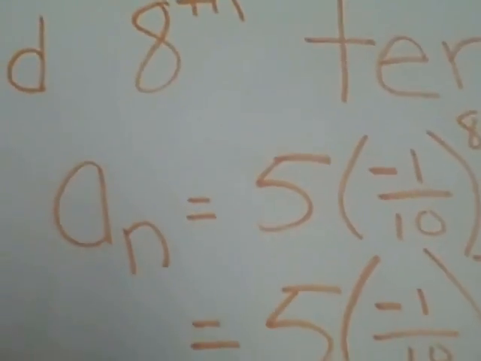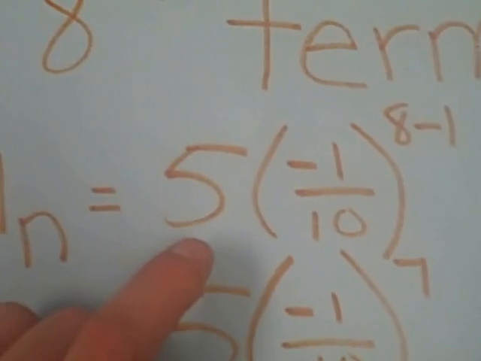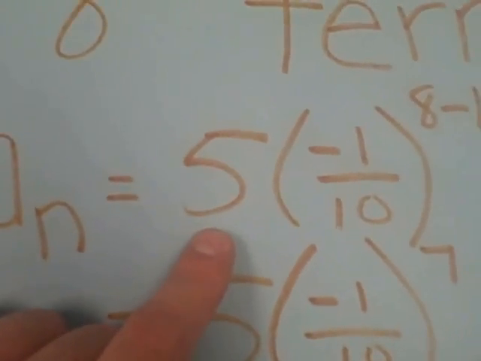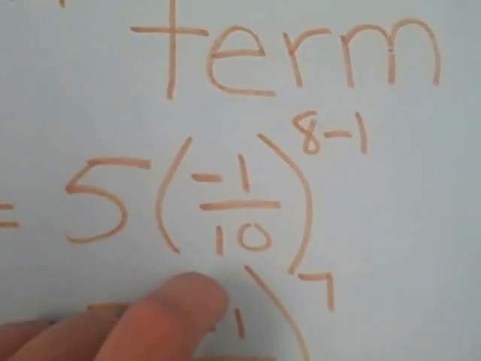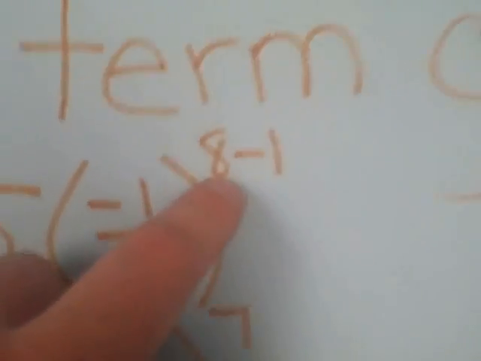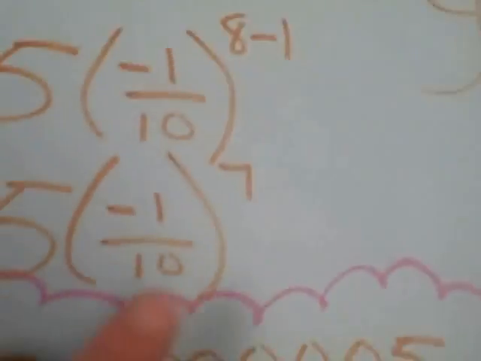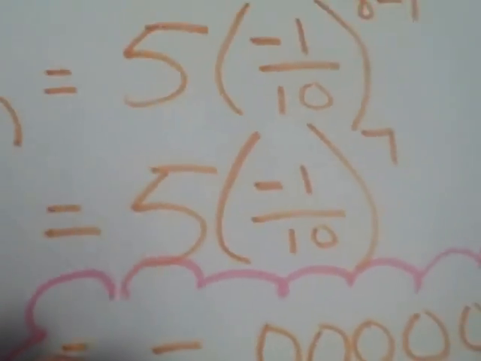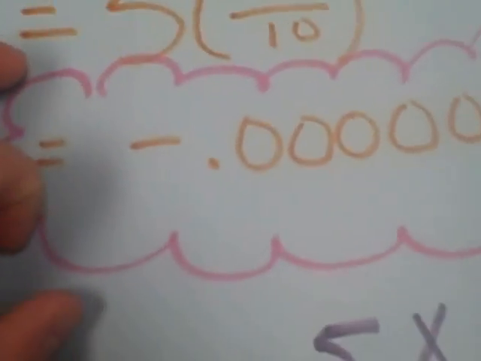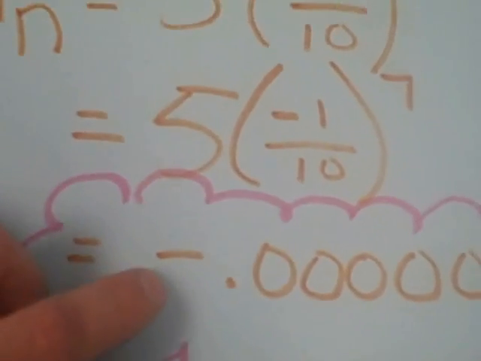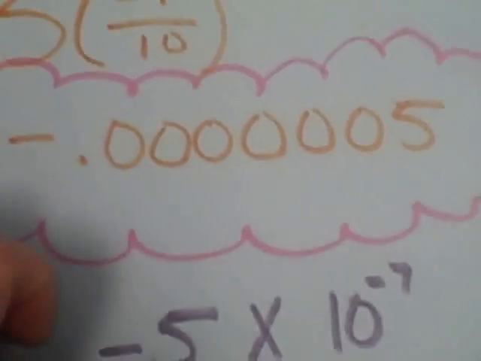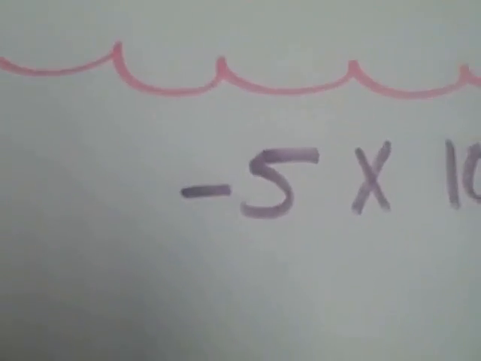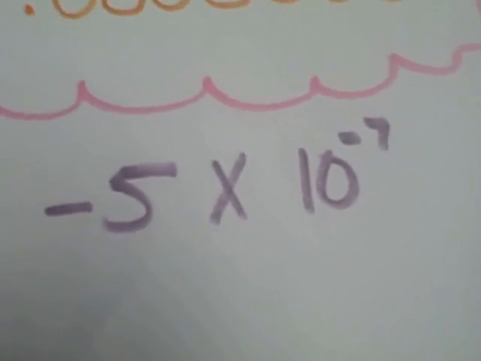So when we plug the numbers in, we have our a1 here, which is 5, and our ratio here, which is -1/10, and then to the power of 8 minus 1, which is 7. When you put that into the calculator, you get -0.0000005, or more simply put, -5 times 10 to the -7th.